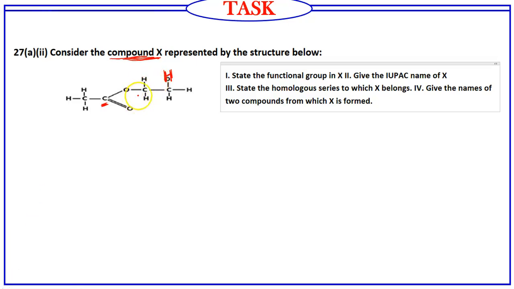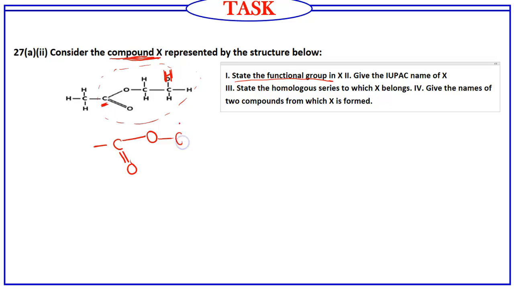All right, good. So the first question says state the functional group of X. This is an ester, so this is the functional group. Just carve out the part containing the carbonyl group and the alcohol, and you get the functional group.